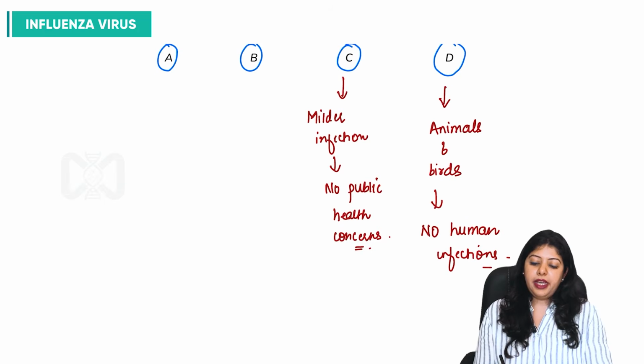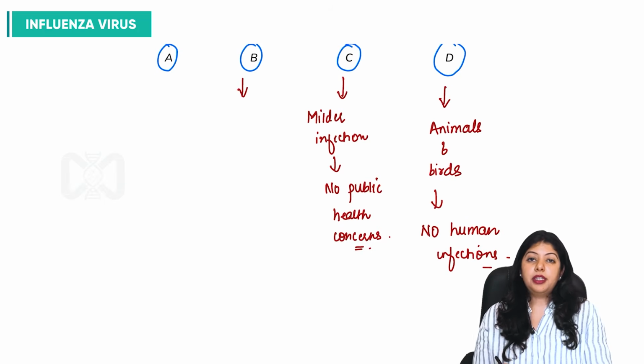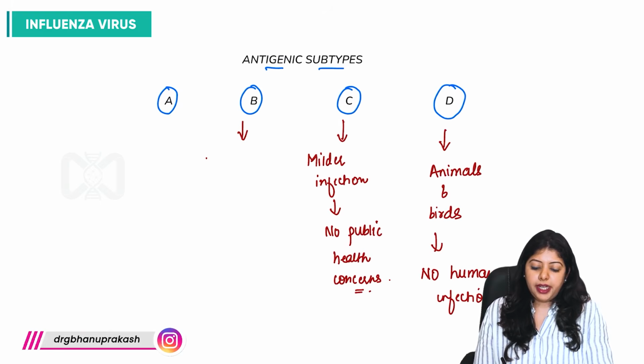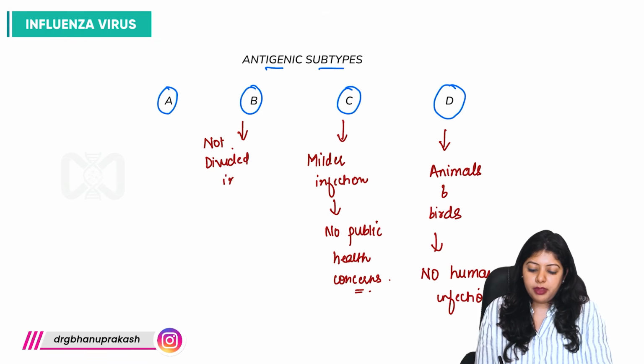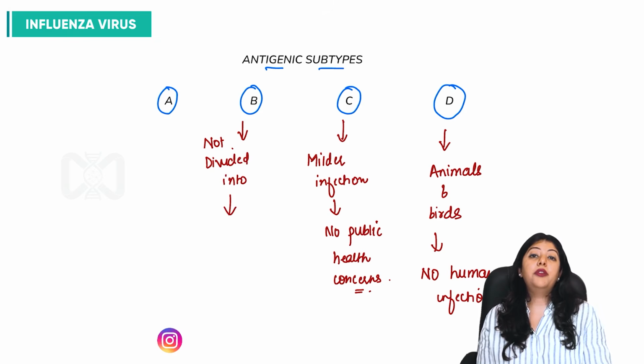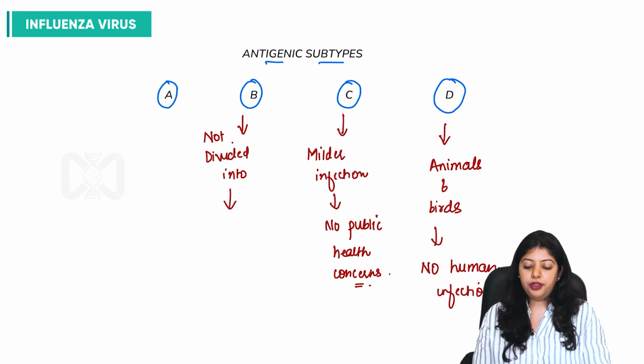Right? And then we have genera B, which are not divided into subtypes, but they have been transformed into different lineages.